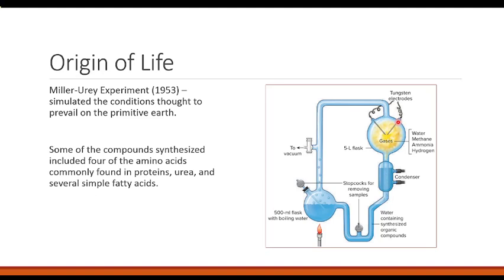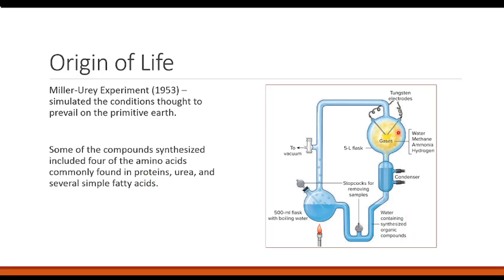I'll show an animation of this at the end of this lecture, but eventually the Miller-Urey experiment ended up synthesizing four of the amino acids that are commonly found in proteins. Then you have urea and several simple fatty acids.